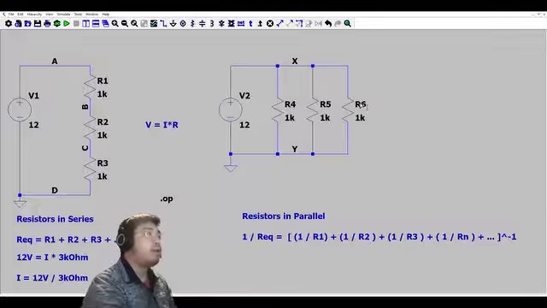And in this parallel circuit, with the resistors in parallel, V2 is 12 volts. We have two nodes, X and Y, and three resistors in parallel: 1 kilo ohm in parallel with 1 kilo ohm in parallel with 1 kilo ohm.